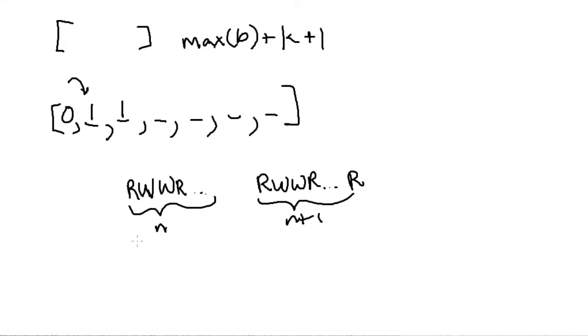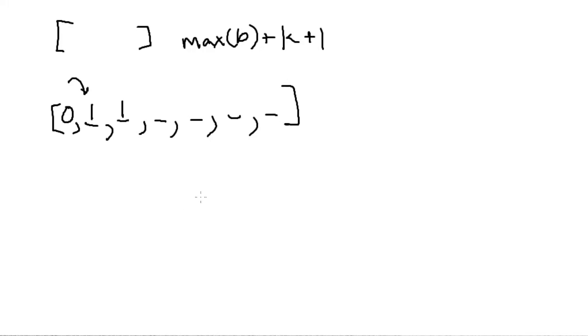So for each case in n, it corresponds to one case in n plus 1. And then on top of that, we have to consider adding the W's. So how are we going to do that, you say?